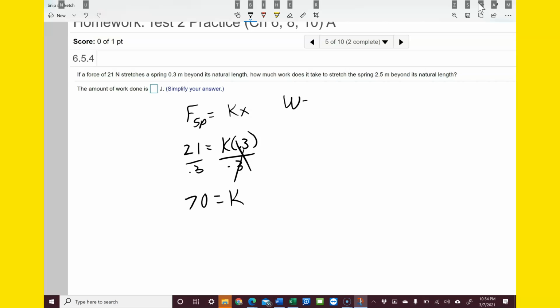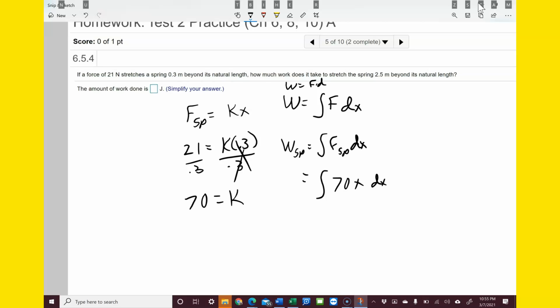And so now the work done by a variable force, the work done by a force in general is force times distance. But if it's a variable force, it's the integral of force integrated over that distance. So in this case, the work done by the spring is equal to the integral of the spring force over that dx. And so in this case, the spring force is 70x, and that's over that distance that it does it.